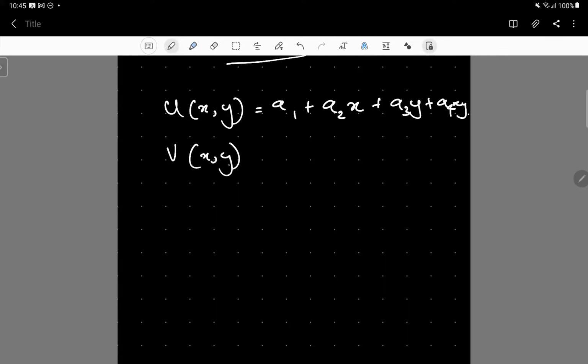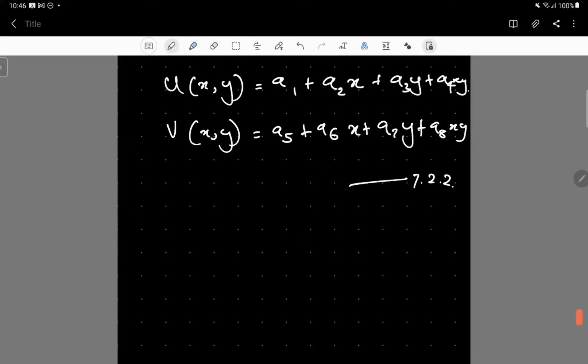Similarly, the displacement in the y direction is a function of x and y: a5, a6x, a7y, and a8xy. So 7.2.2. We can follow the usual procedure to find a1 up to a8 by substituting the nodal coordinates.